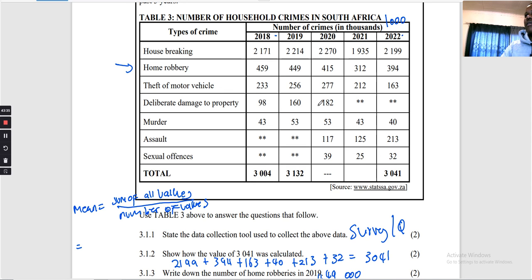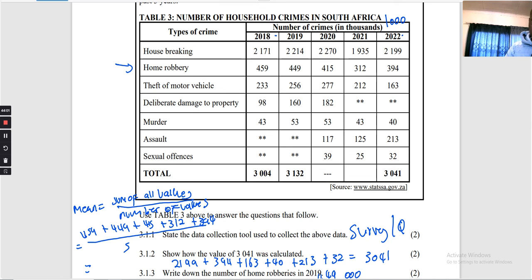So we have 459 plus 449 plus 415 plus 312 plus 394. Then we divide by how many are there? We count 1, 2, 3, 4, 5. Then we divide by 5.